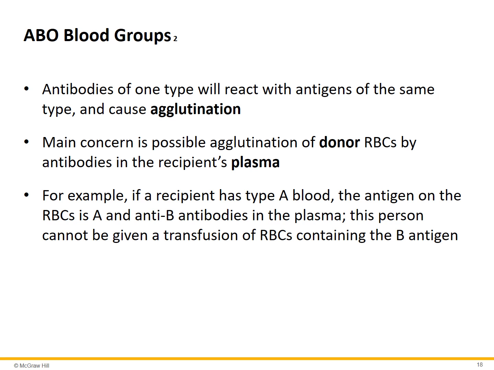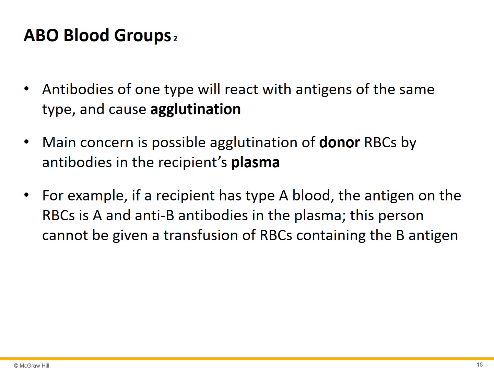All right, this is a little confusing. Antibodies of one type will react with antigens of the same type. Remember, your antibodies are produced to the foreign antigens, and so this is going to cause agglutination. The main concern is possible agglutination of the donor's red blood cells by the antibodies in the recipient's plasma.